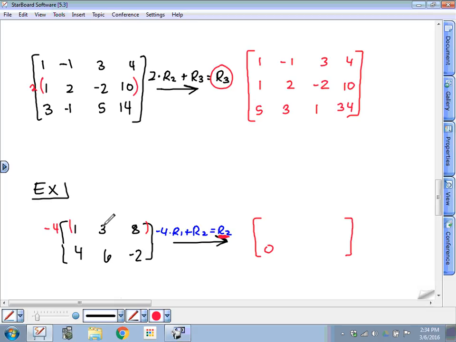Moving on to over here, negative 4 times 3 is negative 12 plus 6 is negative 6. And then negative 4 times 8 is negative 32. Negative 32 plus another negative 2 is negative 34.